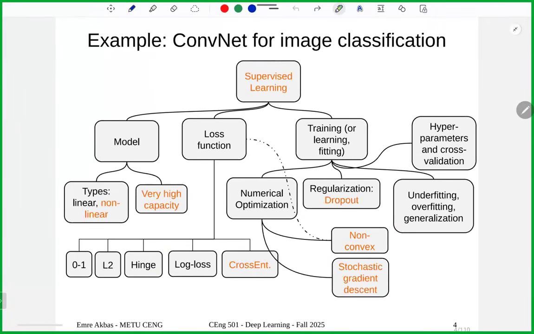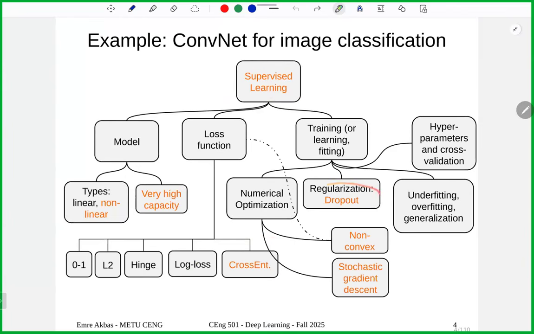On the other hand, let's look at a convolutional neural network for image classification. It is, again, a supervised learning algorithm, but this time we are looking at a nonlinear model, and it has very high capacity depending on its depth, number of filters, number of learnable parameters, and so on. It is usually trained using cross-entropy loss.